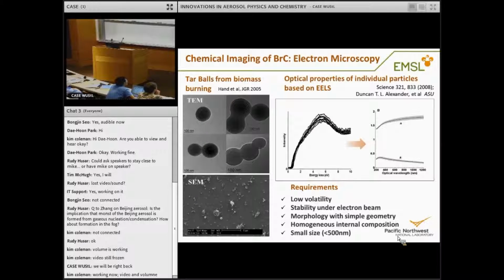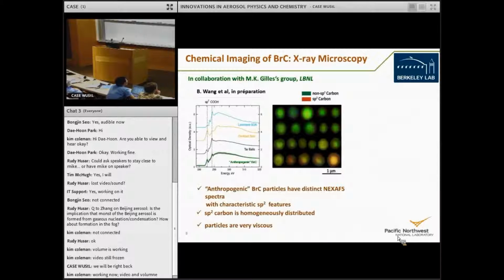So now this is just another illustration of a similar type of brown carbon, also roundish particles. They're substantially larger than the tar balls, and we don't know yet the exact origin of these particles. We kind of call them anthropogenic brown carbon, and we believe that they may have been formed in some anthropogenic sources. With the X-ray technique, we can really get the spectral signature of this material with lateral resolution.